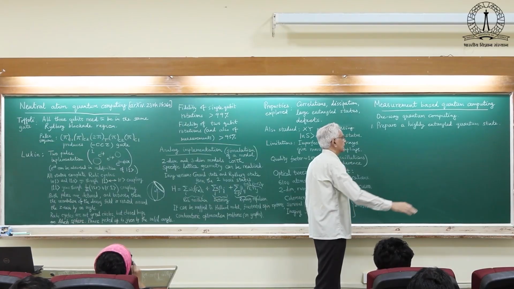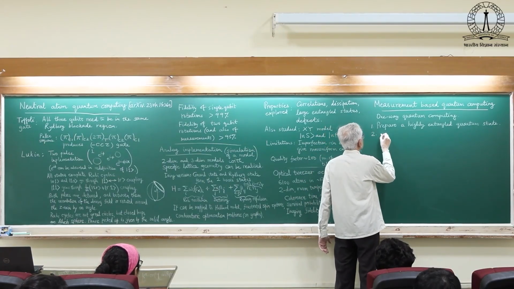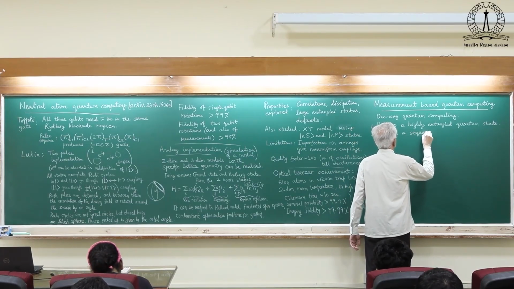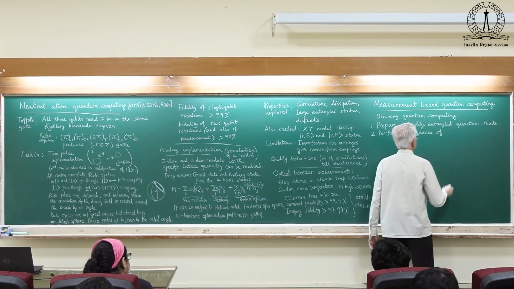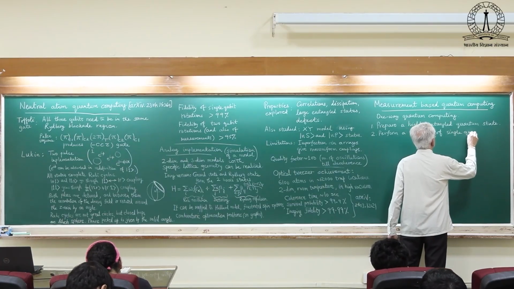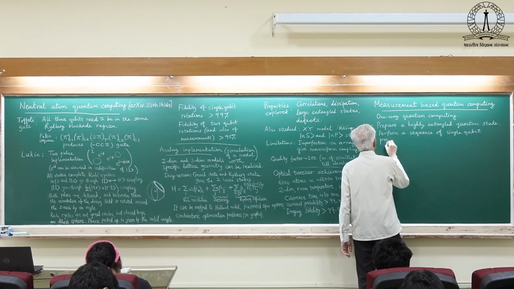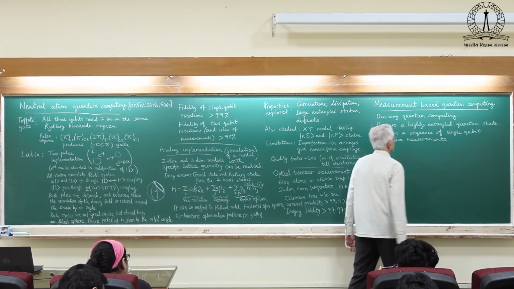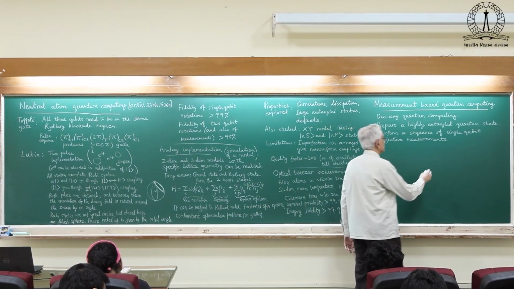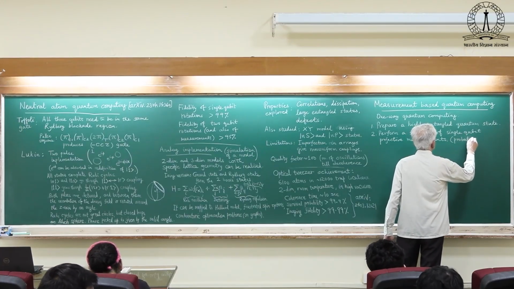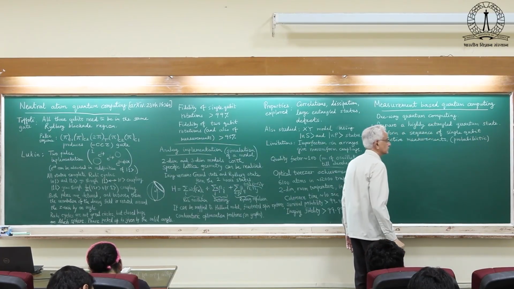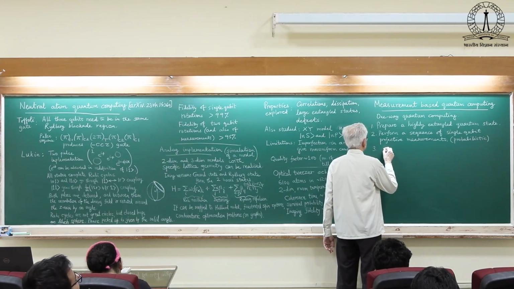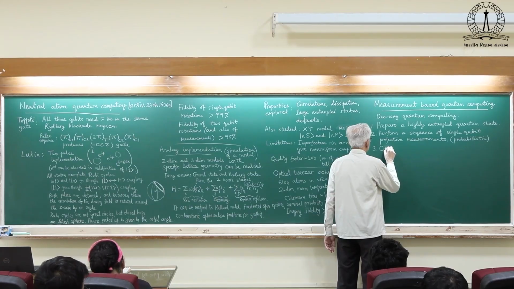So one is to prepare a highly entangled quantum state, then perform a sequence of single-qubit projective measurements, which is definitely probabilistic. And the third is to correct or combine.